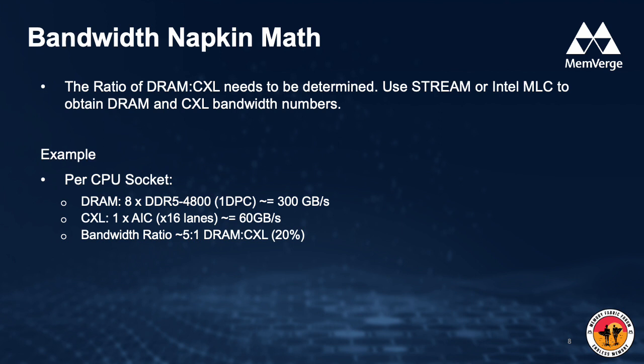That gave us an approximate 300 gigabytes per second. Now, if we install an add-in card that uses by 16 lanes, that gave us an approximation of 60 gigabytes per second. So the ratio between DRAM and CXL in this particular case is 5-to-1 or 20%, right? So that gives you a rough starting point for determining what ratios you should be using with the bandwidth policy.